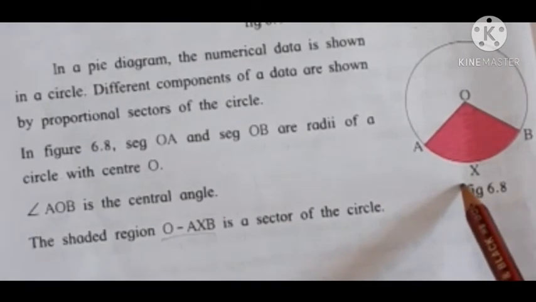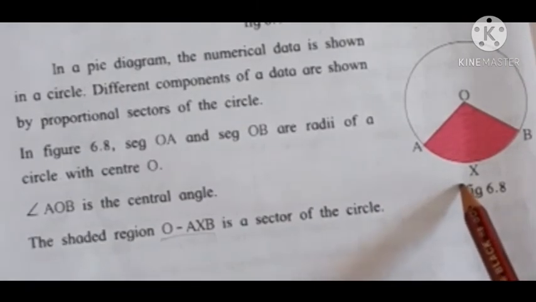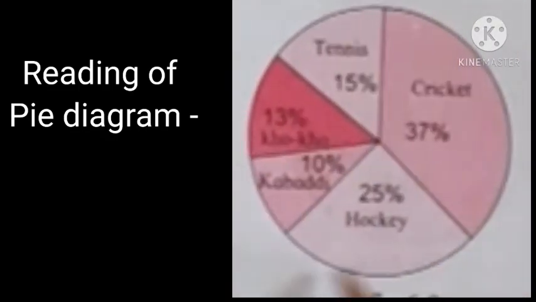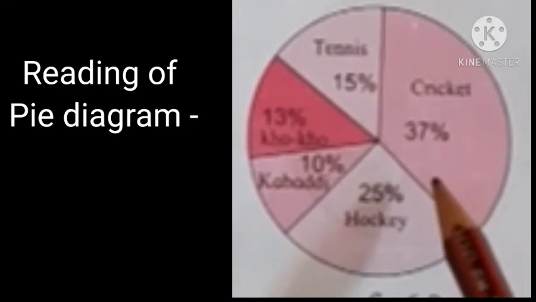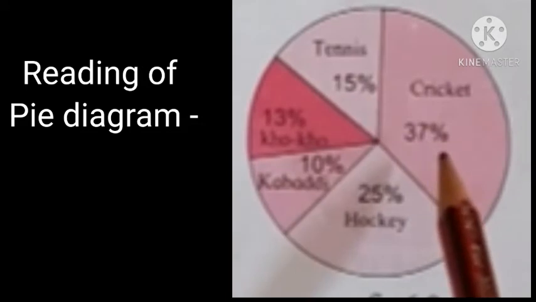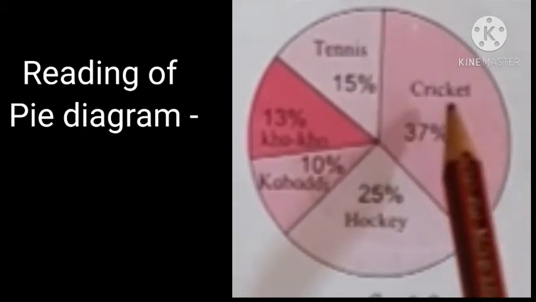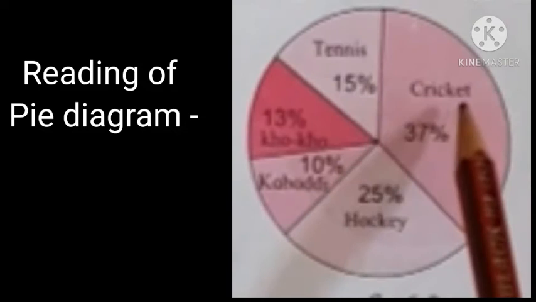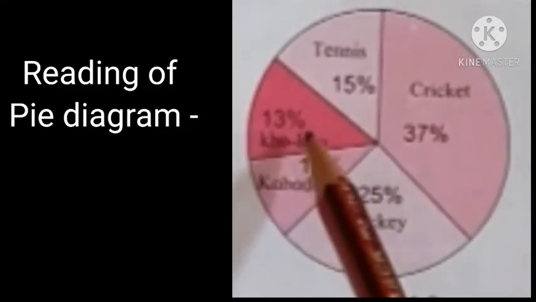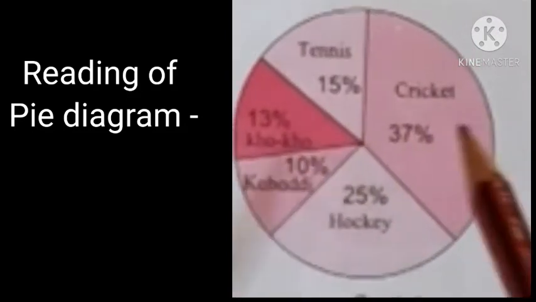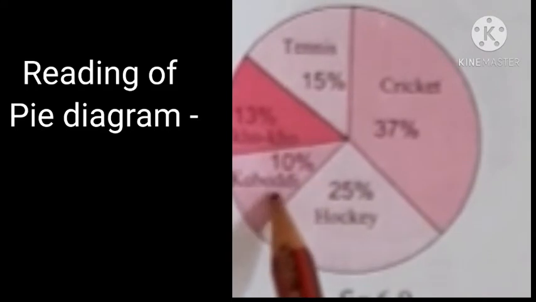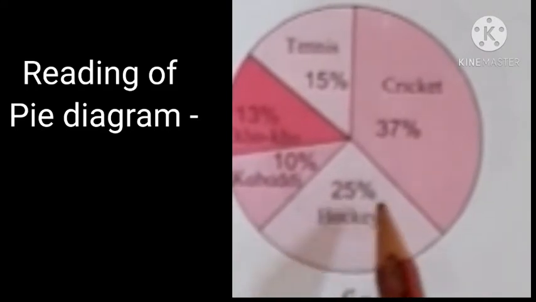Okay. Now we will see how to read the pie diagram. See, we see such types of figures giving information. In this figure, what information is given? 37% like the cricket game, 15% like the tennis game, 13% like the kho-kho game, 10% like kabaddi, 25% like hockey.